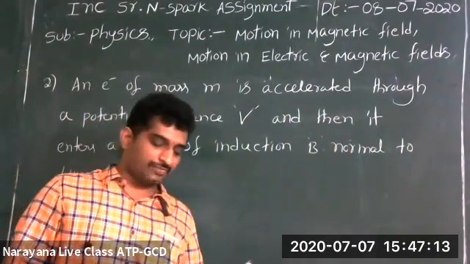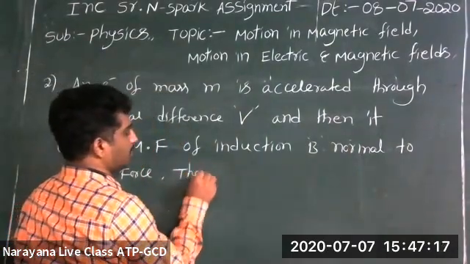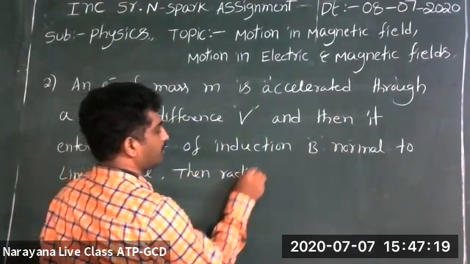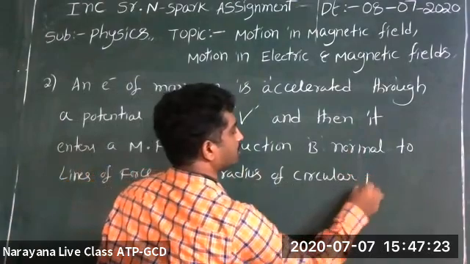Then the radius of the circular path is.